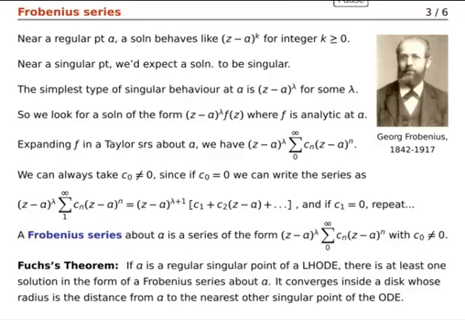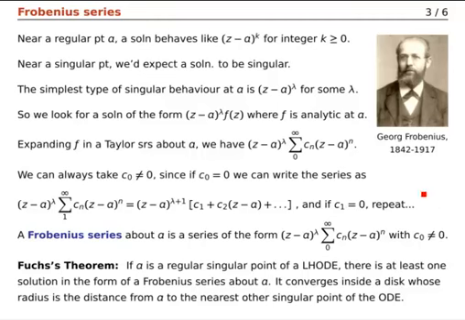And a beautiful theorem of Fuchs says that if A is a regular singular point, then there is guaranteed to be at least one solution in the form of a Frobenius series about A, and it converges inside a disk whose radius is the distance from A to the nearest other singular point.